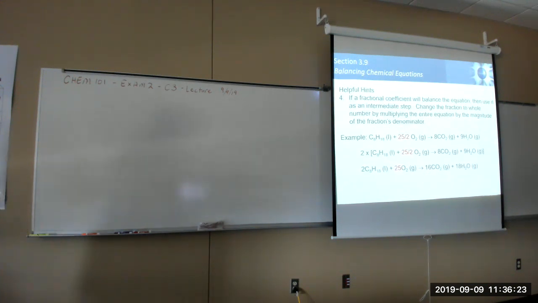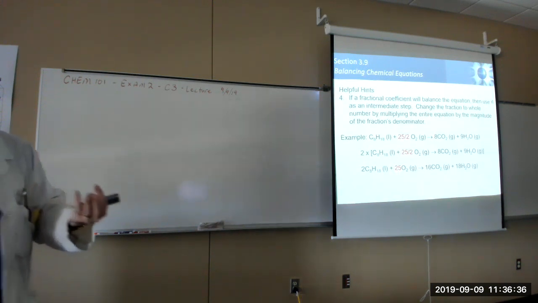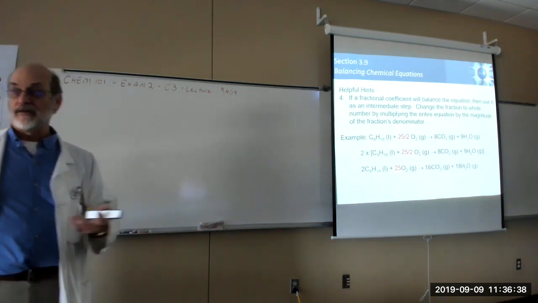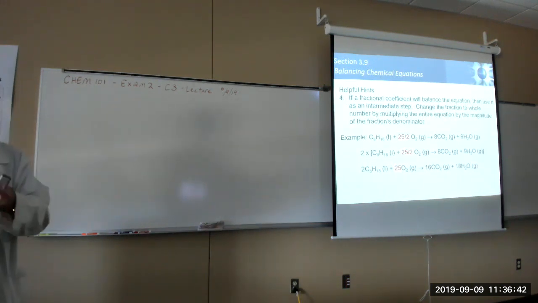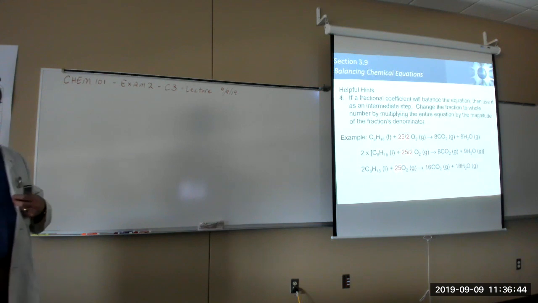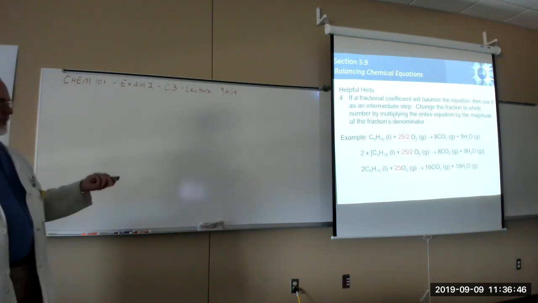The convention is once you reach the end and you have a balanced equation, you should have no fractions as your coefficients. They should all be whole numbers, because a fraction of a molecule means what? Nothing. For calculation purposes, you can use fractions. And here's an example.